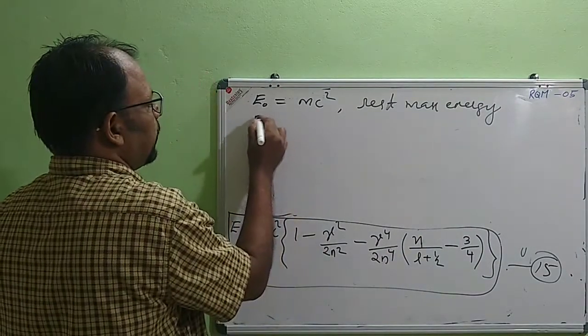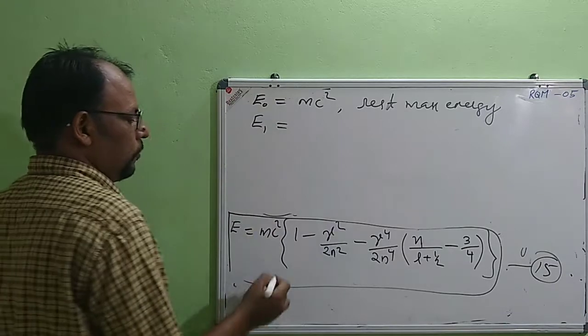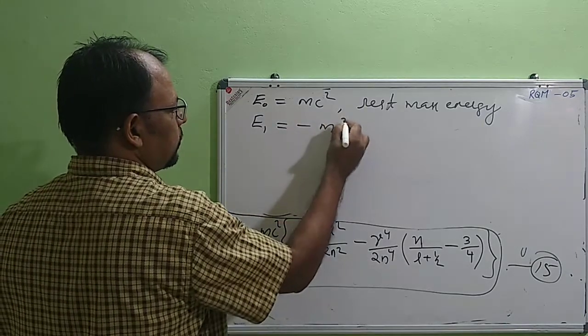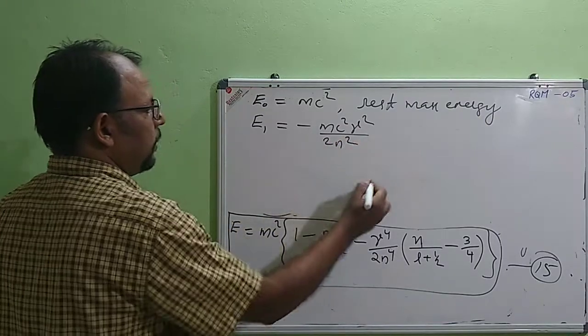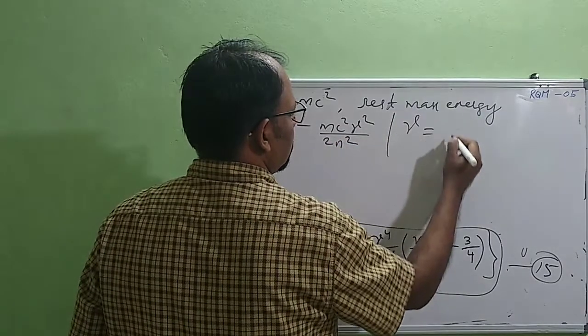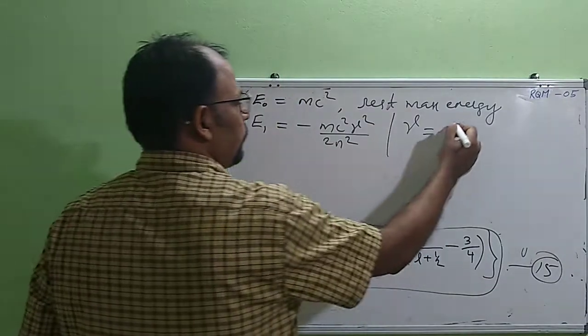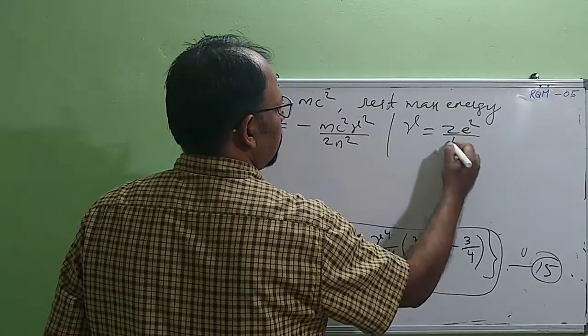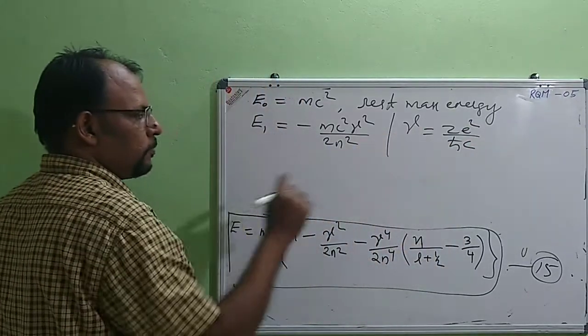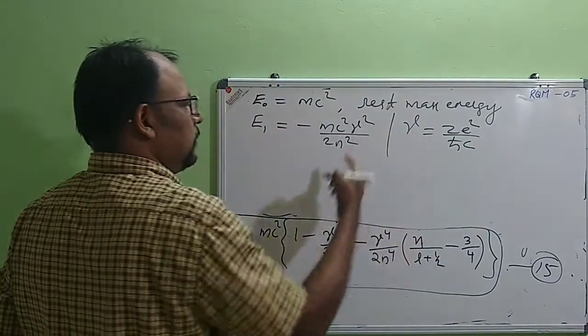Take the second term, I am writing it as E1. E1 is equal to minus mc square gamma square by 2n square. What is the value of gamma? We have given the substitution gamma for Z e square by h bar c. For that we have given the letter gamma.